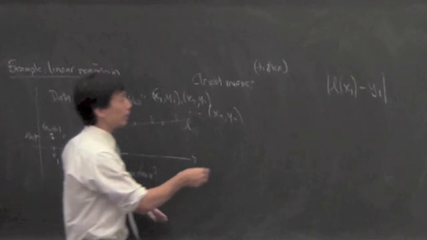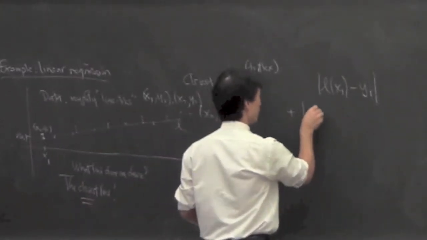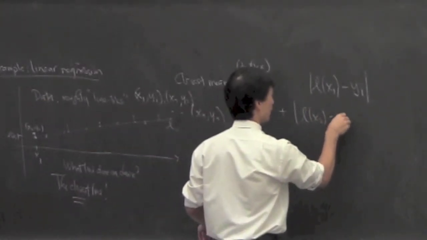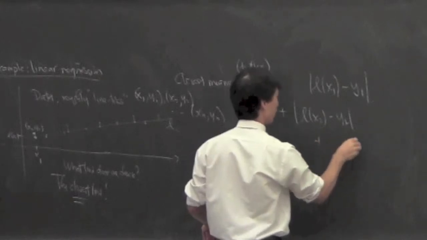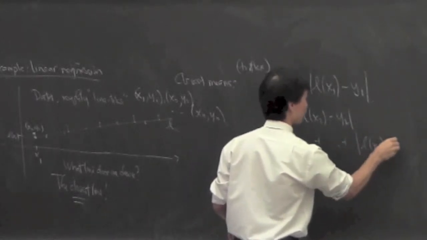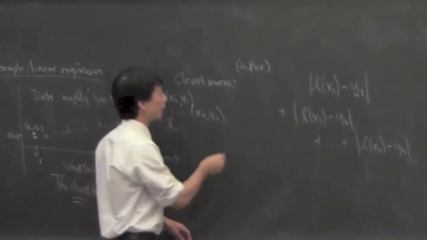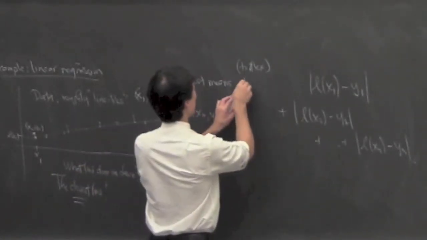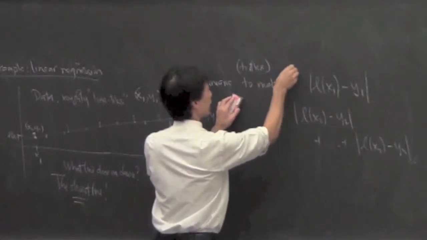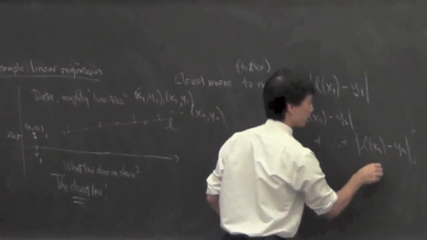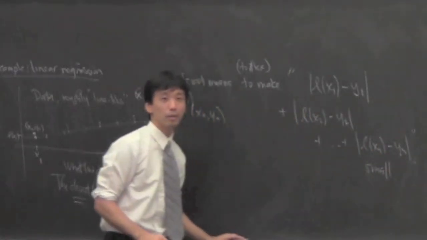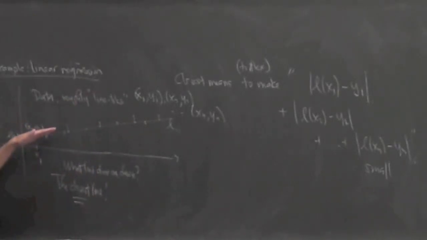Then we add the next guy's error, and the next, all the way to the last guy's error. Closest means making this sum small, and the line that makes it the smallest is what we use as our approximation line.